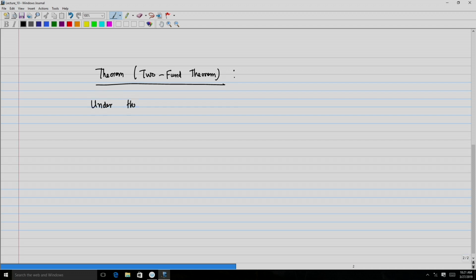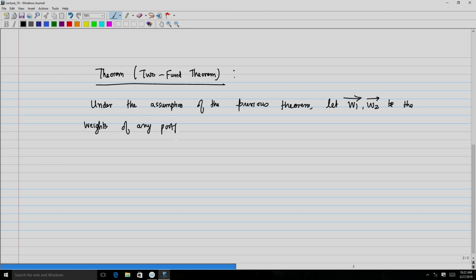So, under the assumption of the previous theorem, we let the vector W1 and W2 be the weights representing any portfolio V1 and V2 respectively on the minimum variance line.